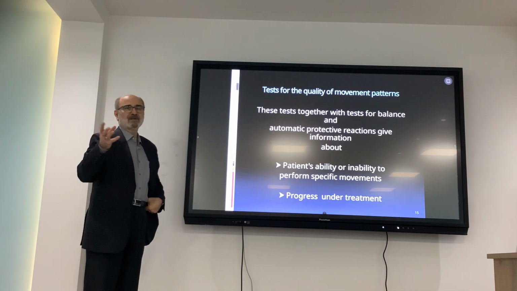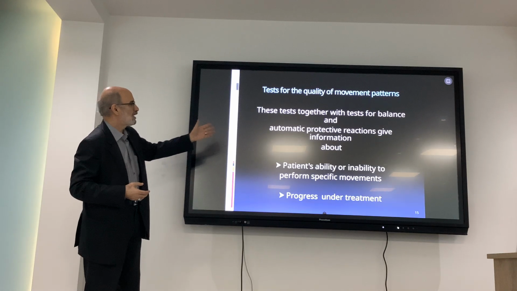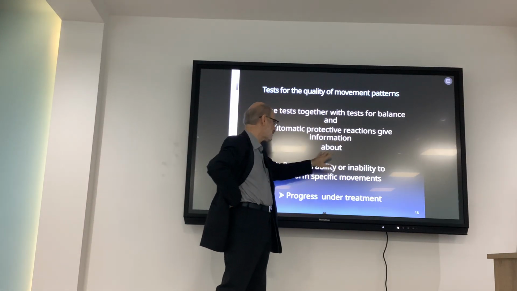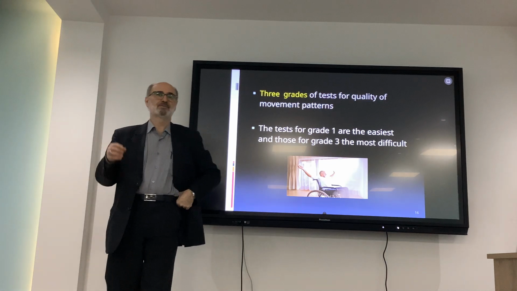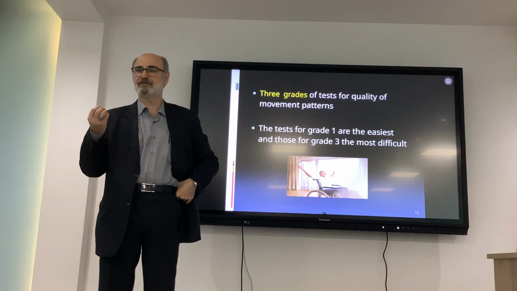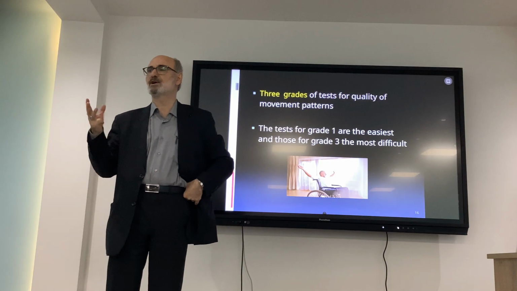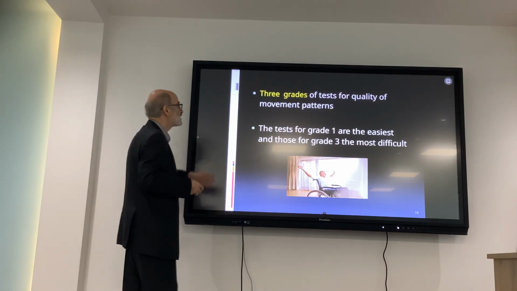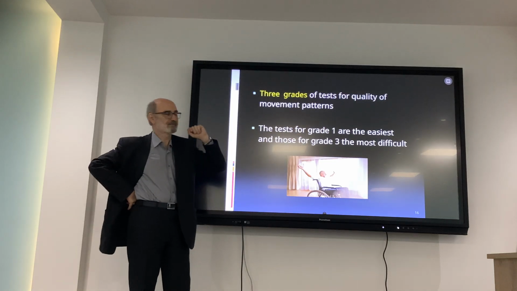One component of the Bobath approach is tests for quality of movement patterns. If you read the Bobath book, you will find the movements suggested for testing quality of movement. She suggests 3 grades of tests for quality of movement patterns.